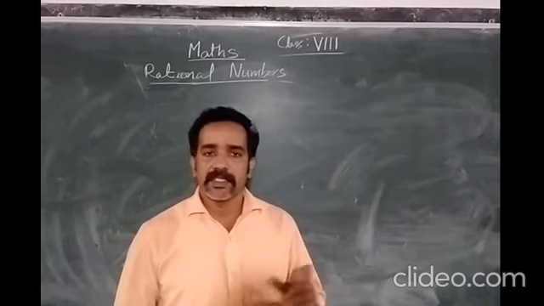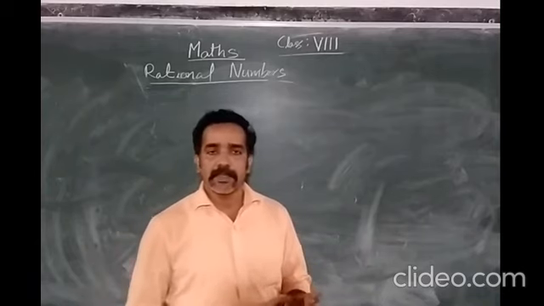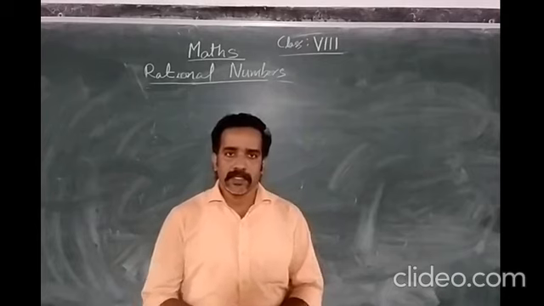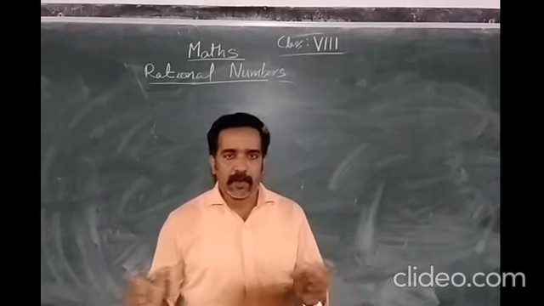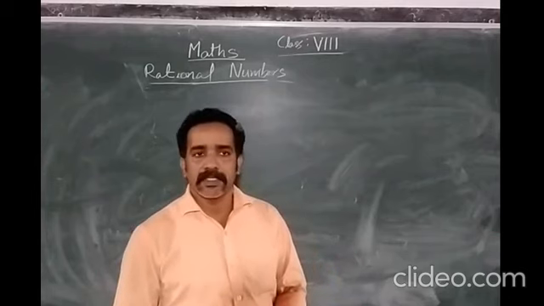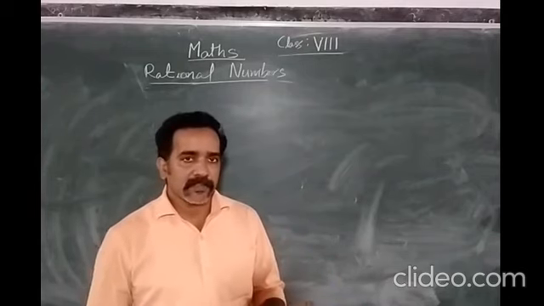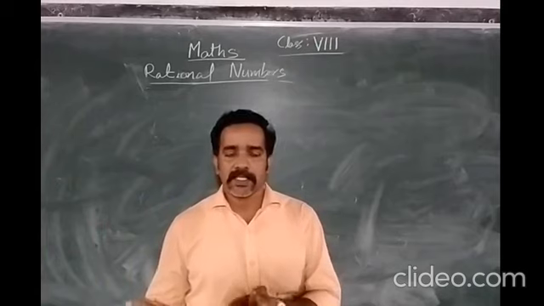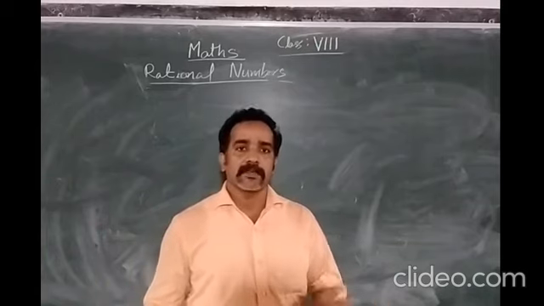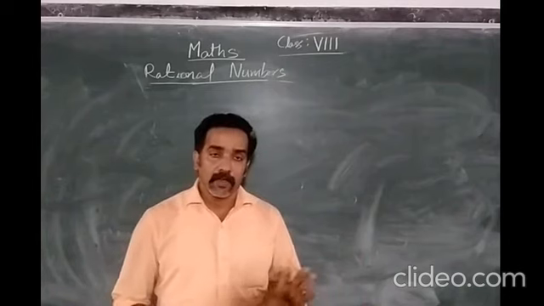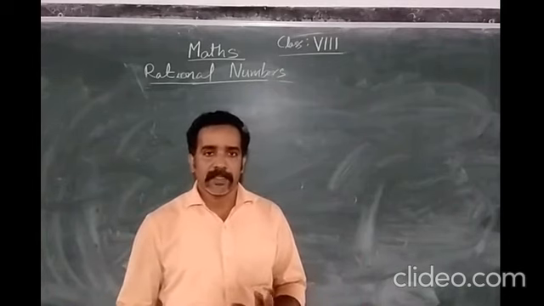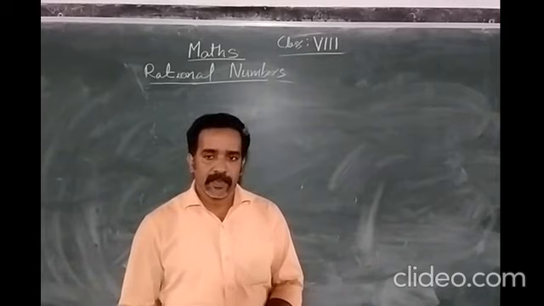If you look at all these sets of numbers, they have some properties. The properties come along with the arithmetic operations, the 4 basic mathematical operations: addition, subtraction, multiplication and division.